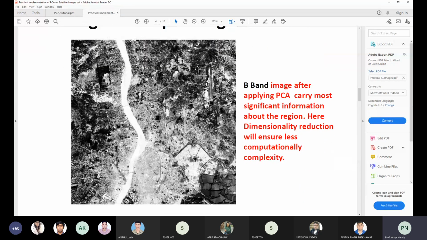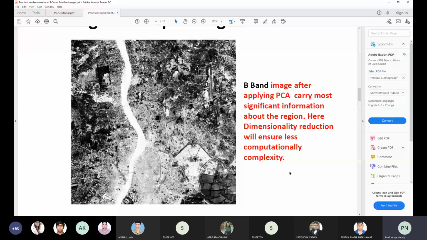But the third PC carries the most significant information of the V band, where the dimensionality reduction ensures lower computation. Instead of taking 4 dimensions, if you take 2 dimensions, obviously your computational complexity will be less for classification, and it will also increase the classification accuracy.